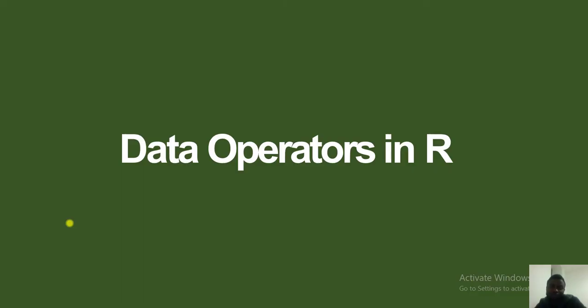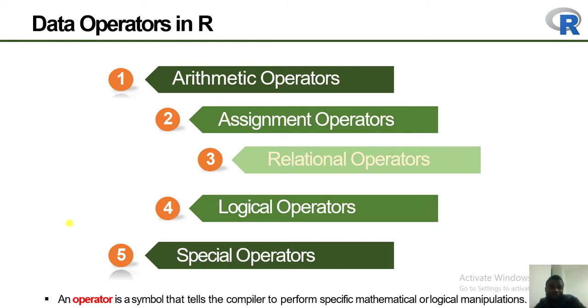In today's video, we'll continue with the practical examples on data operators in R. We have done something on arithmetic operators and assignment operators, and so today we'll learn more on the relational operators.